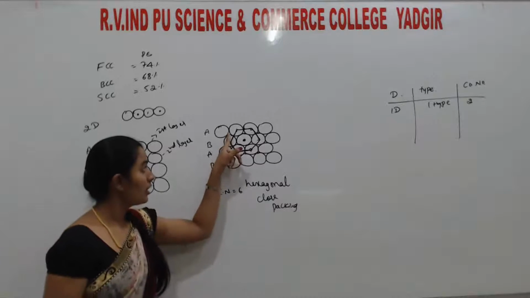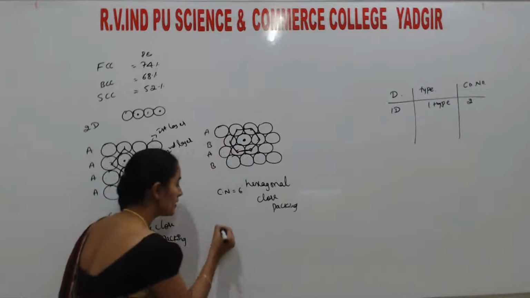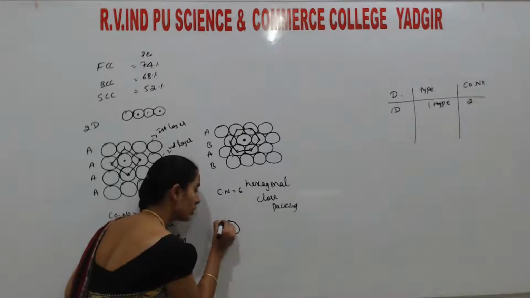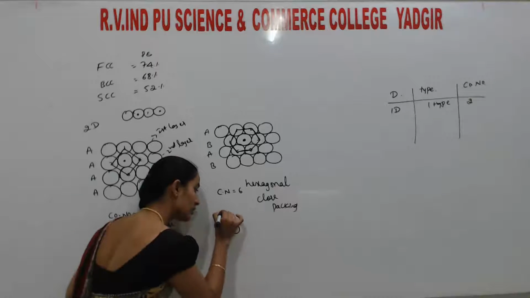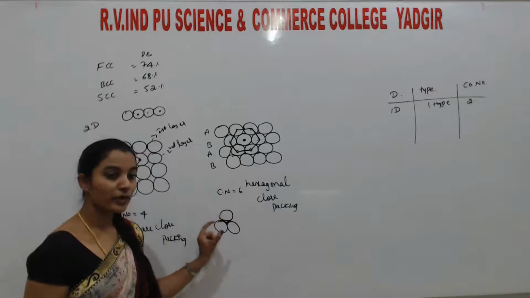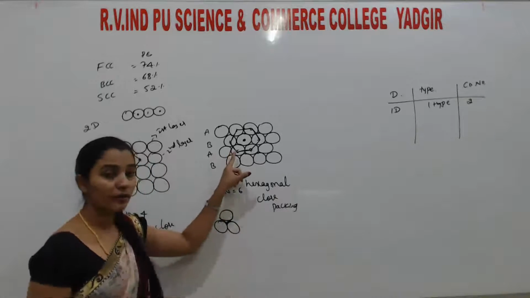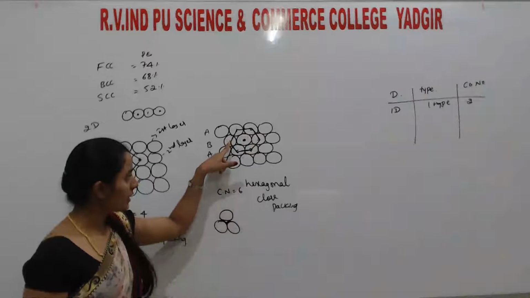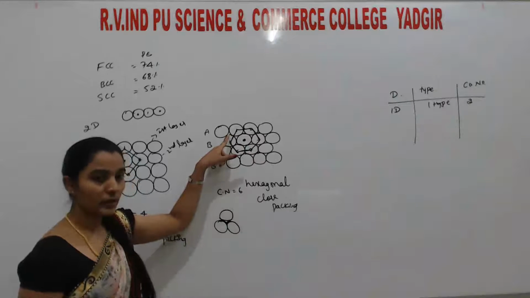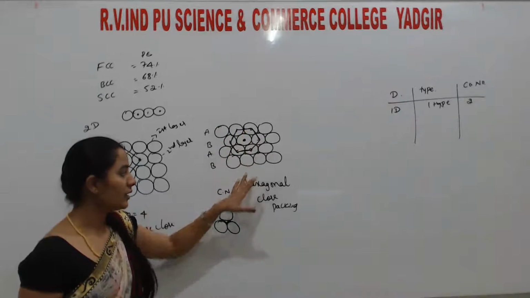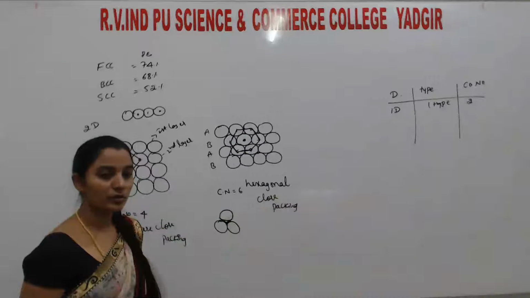If it is at the depressions of the spheres, means if 2 spheres are there like this, this portion is the depression. So another layer's spheres fit here. Second layer spheres fit at the depressions of the first layer spheres. Then it is hexagonal close packing.